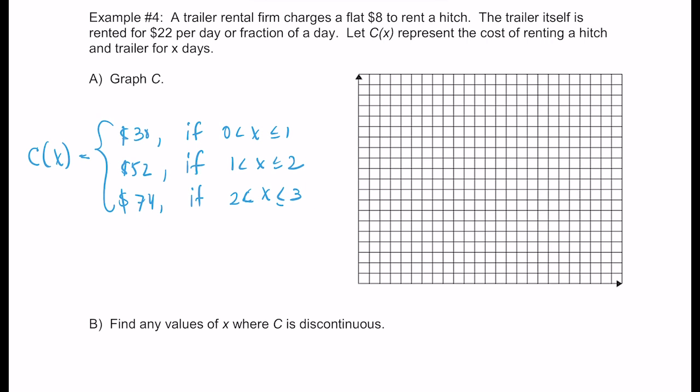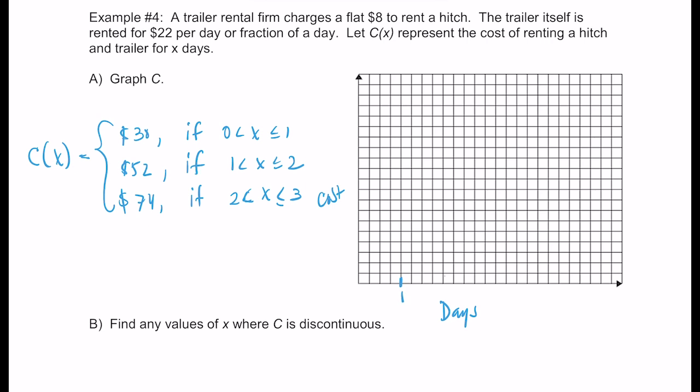If I was to graph something like this, the cost would be the y-axis, and days would be along the x-axis, because the cost depends on the number of days that you rent the hitch. Let's go out to 5 days.